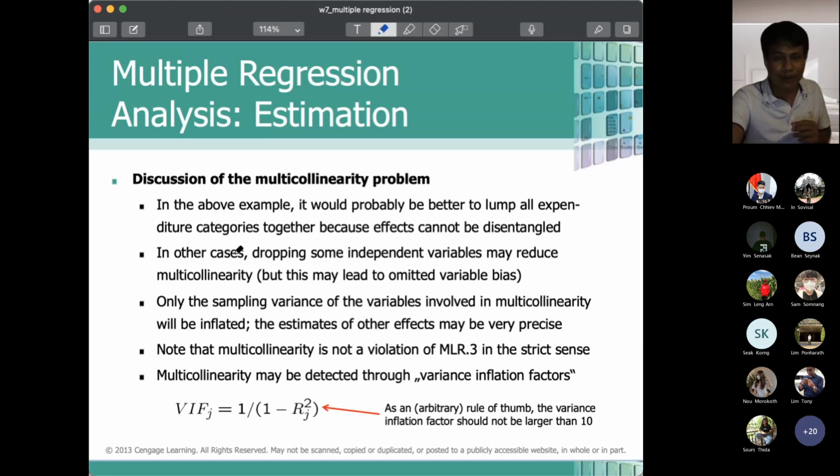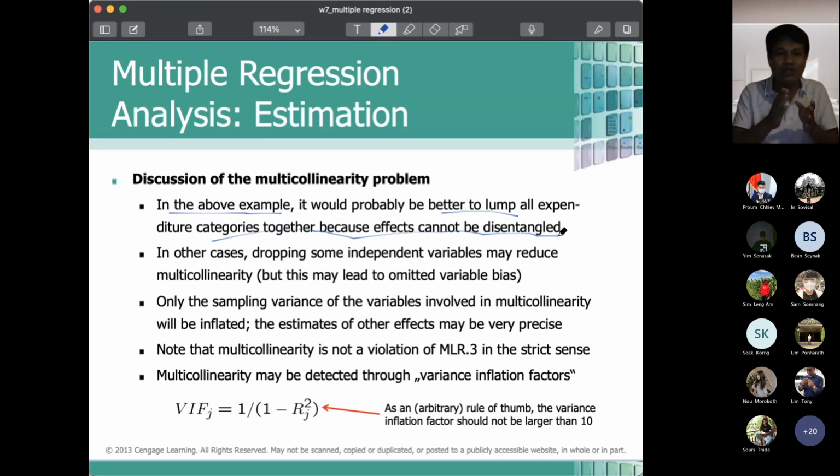In the above example about expenditure on the test score, it would probably be better to lump together all expenditure categories because the effect cannot be separated. So it's better to change your research question or objective. Rather than saying, I want to estimate the effect of expenditure on teachers on test score, it's better to say, I want to estimate the effect of school expenditure on test score.